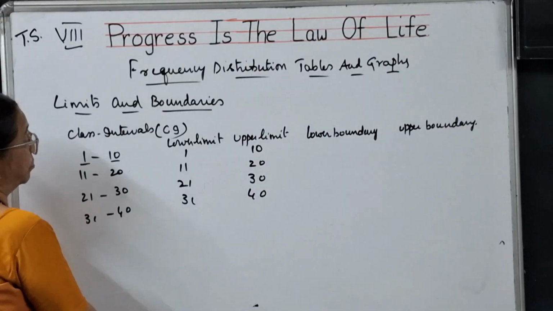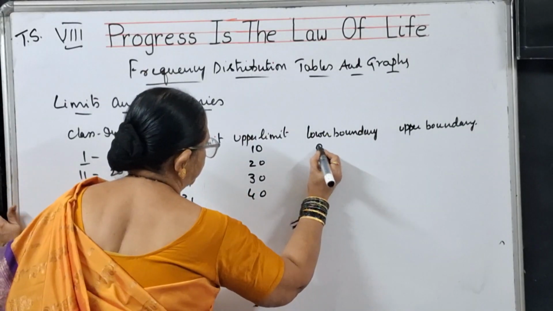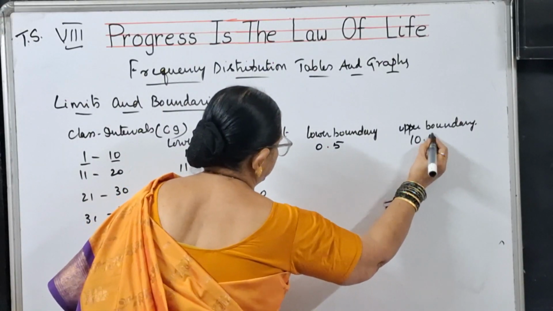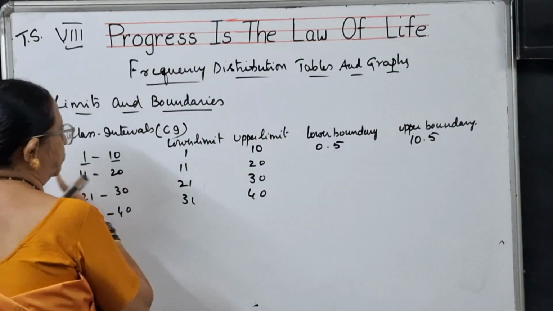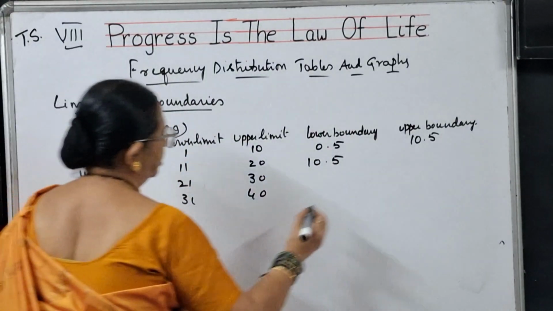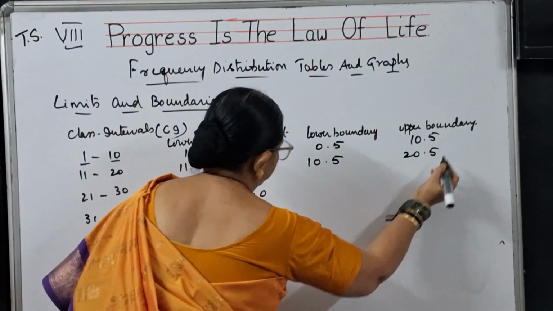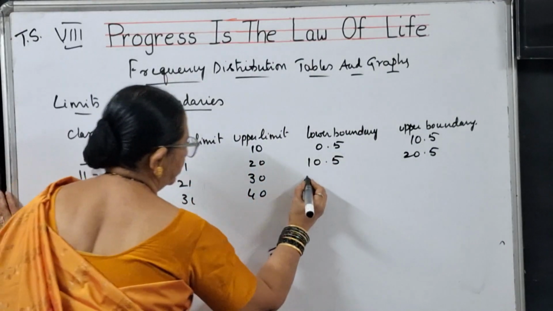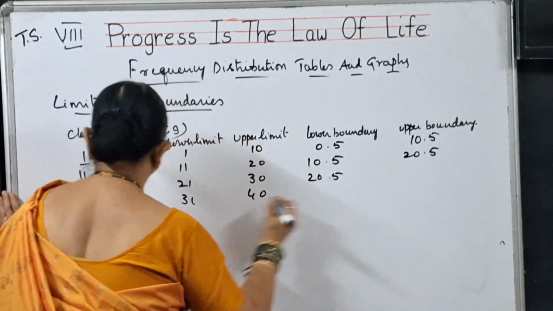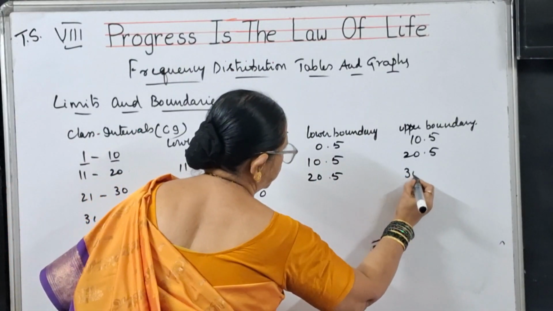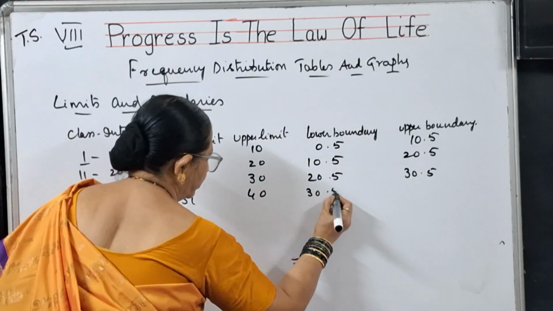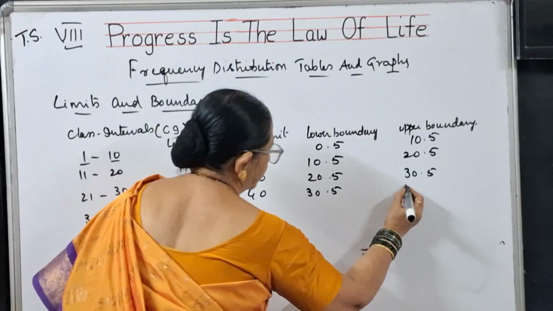That means 1 minus 0.5 is 0.5, and 10 plus 0.5 is 10.5. Here 11 minus 0.5 becomes 10.5, and 20 becomes 20.5. Then 21 becomes 20.5, and 30 becomes 30.5. Again 31 becomes 30.5, and 40 becomes 40.5.